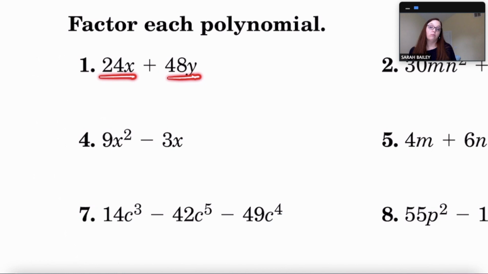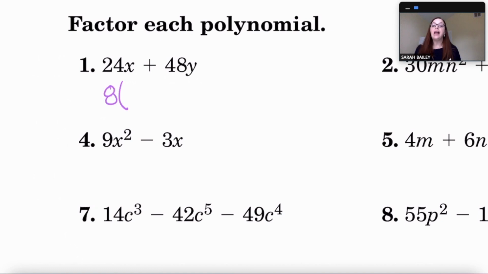I can't factor out any variables because one term has an x, the other has a y. So I'm just going to think about the greatest common factor between 24 and 48. I know that 2 is a factor of both of those numbers. I also know 8 is a factor of both. So I'm going to factor an 8 out.